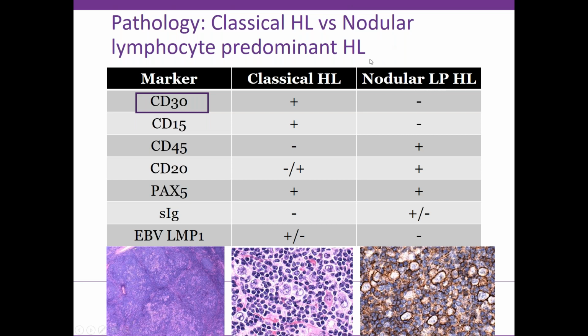I know a mouthful of words, but that has a very different look, or the markers on the cells are quite different, so that the treatments that we would apply to these two subtypes can sometimes be quite different in terms of the chemotherapy recipes. And this can be quite difficult as a diagnosis to make or to categorize without, again, having a good amount of tissue for the pathologist to be able to have a good look at the cells.